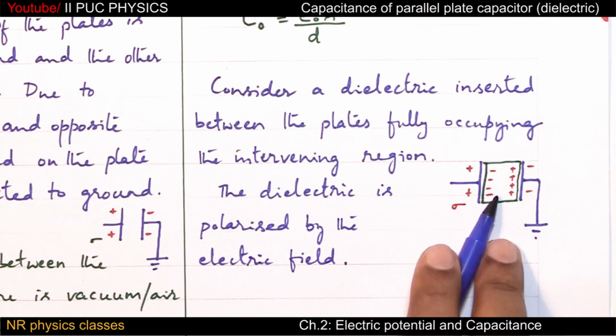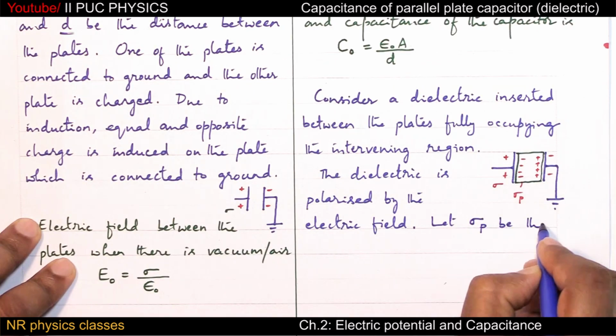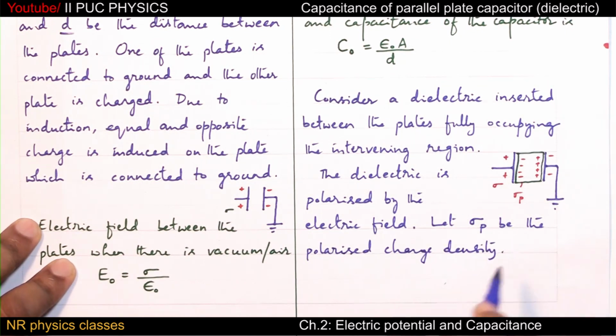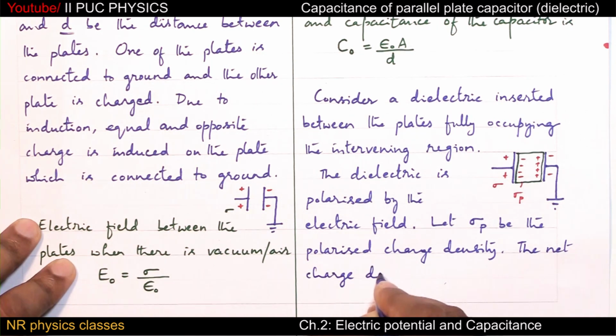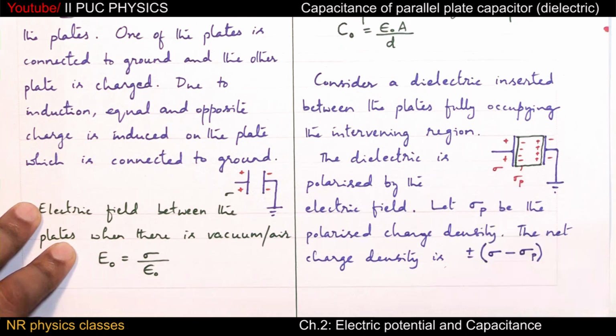The dielectric is polarized by the electric field. Let sigma p be the polarized charge density. The net charge density is plus or minus sigma minus sigma p, the difference of these two.